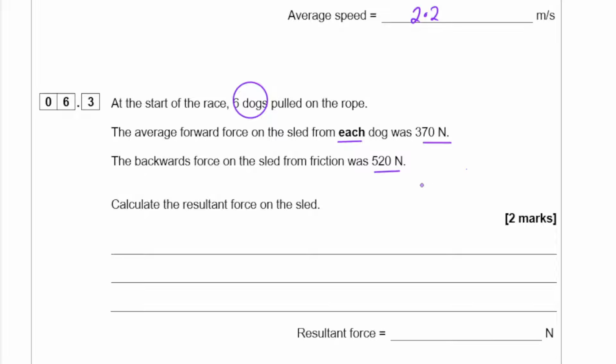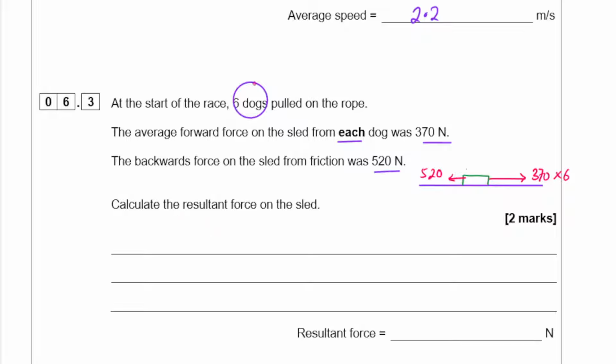So let me draw a really simple diagram. Let's say that's the snow and this is the sled, and your forward force is 370 newtons times by 6 dogs. The backward force is 520 newtons.